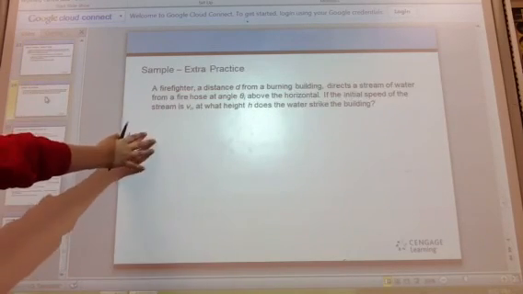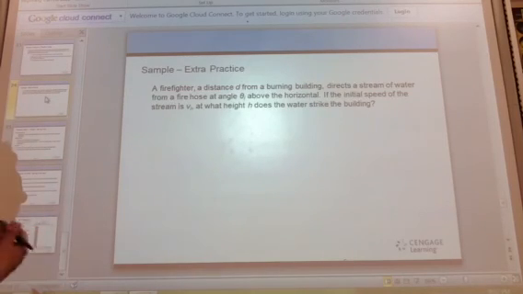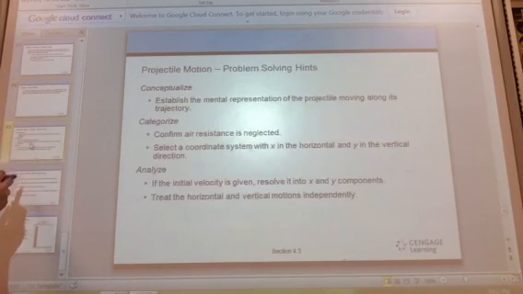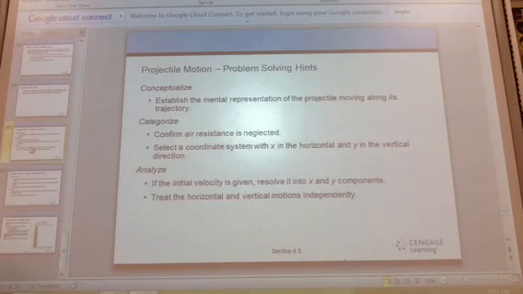I think it'd be good for you to practice this. So you can practice this one now in class, but you also have a worksheet that Mrs. Patel is going to pass out to you. That worksheet is going to be due on Monday, and it's just practice problems with projectile motion. If you have some problems, I wrote out some little helpful hints for you here, in case you want to read those.